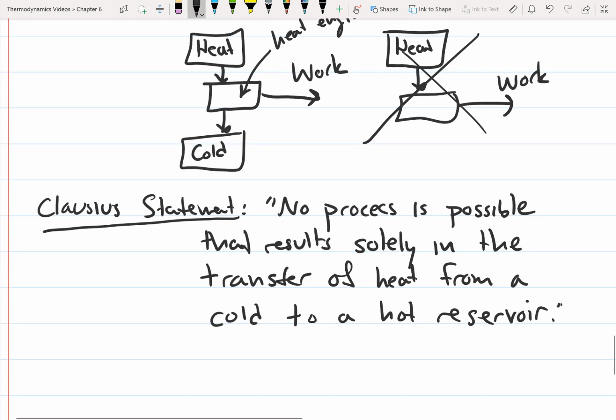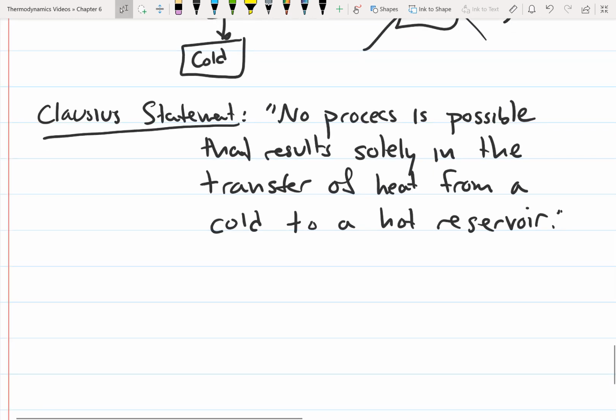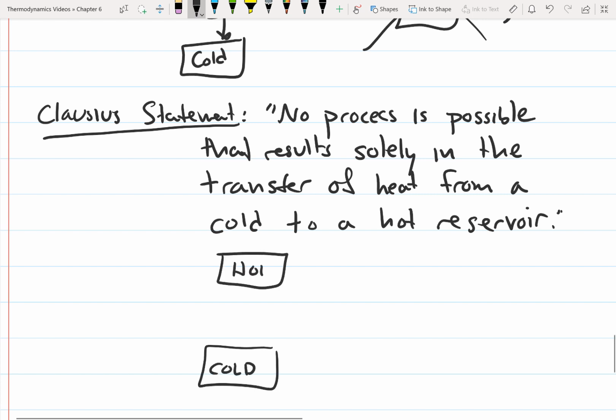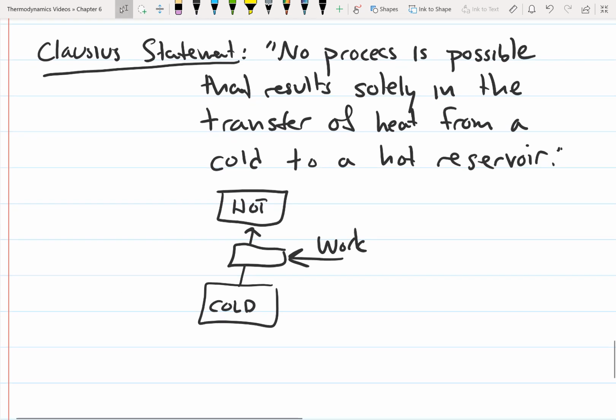So this basically means that if we want to transfer heat from the cold reservoir to the hot reservoir, this is going to require work input. We can't transfer the heat from the cold to the hot reservoir without some sort of work input. So this statement puts a restriction on refrigeration cycles.